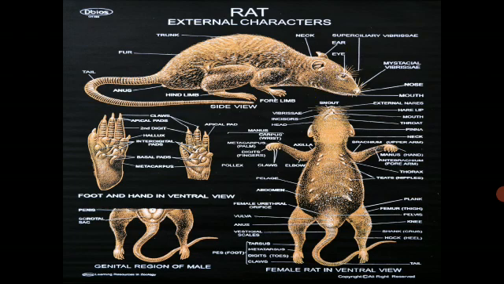So this is just the connecting link between head and trunk. The trunk is divided into thorax and abdomen.